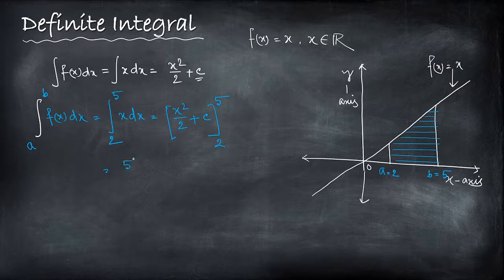So this equals 5 square by 2 plus c, the integrating constant, minus 2 square by 2 minus c, and the positive c and negative c will vanish. So the value of this integration is 25 by 2 minus 4 by 2, that means 2, and this equals 21 by 2. So 21 by 2 is the region. So the area of this region is 21 by 2 square units.